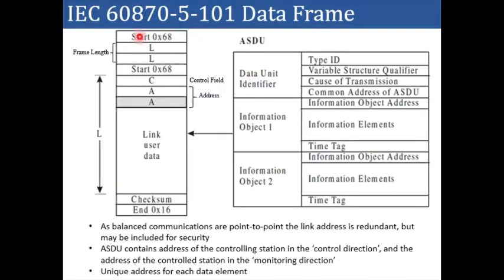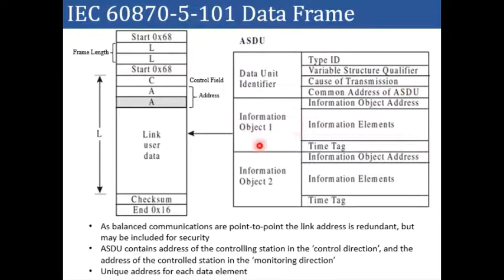Now let's see the data frame and the structure of ASDU in case of 101. So in ASDU, the first block required is the data unit identifier, which will contain type ID, variable structure qualifier, cause of transmission, and the common address of ASDU.